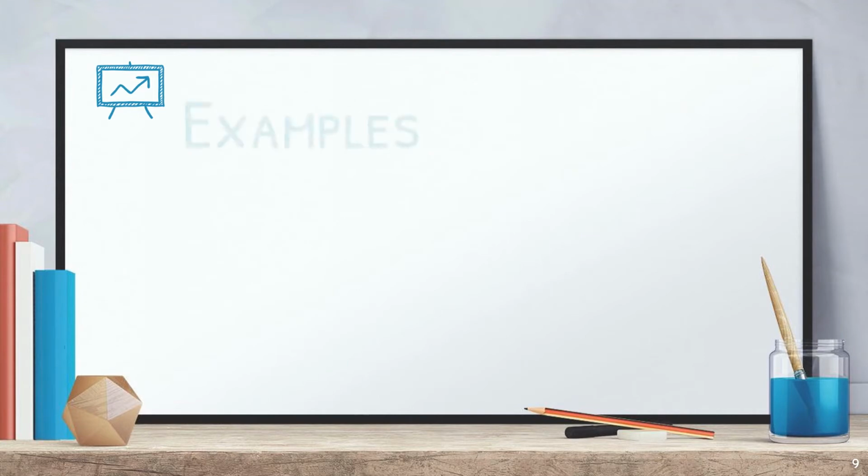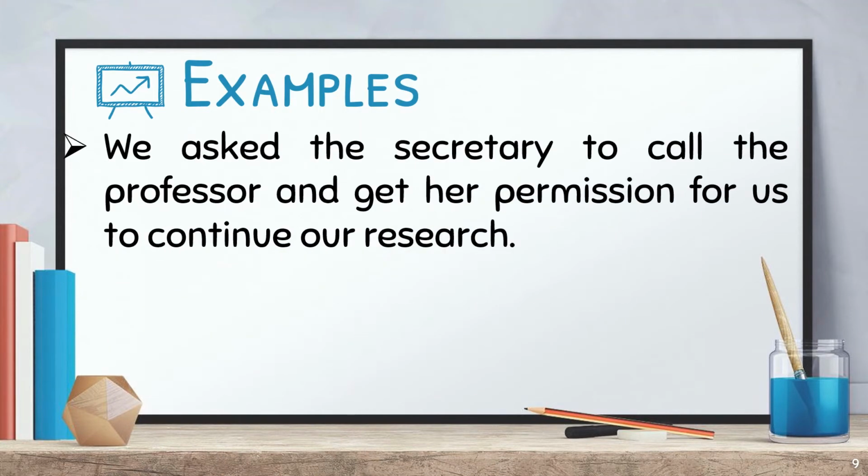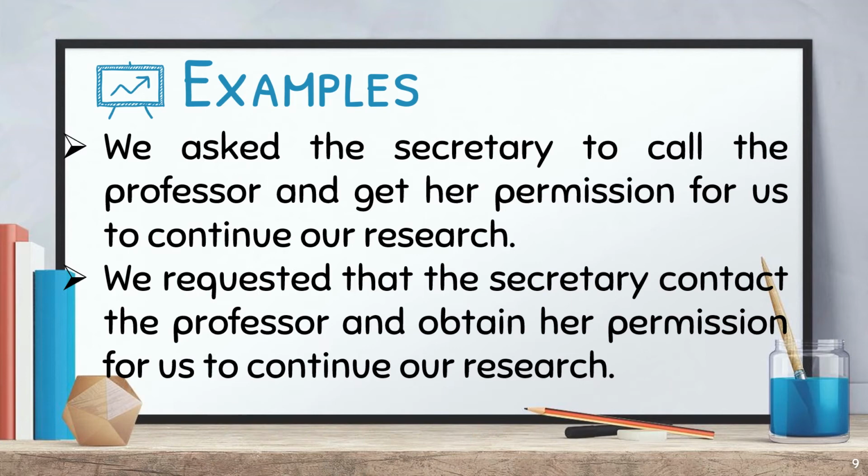Let's take a look at these examples. Number one: we asked the secretary to call the professor and get her permission for us to continue our research. The second sentence: we requested that the secretary contact the professor and obtain her permission for us to continue our research. If we're going to analyze it, in the first sentence, the writer used casual words such as asked, call, and get her permission, which made the sentence informal.